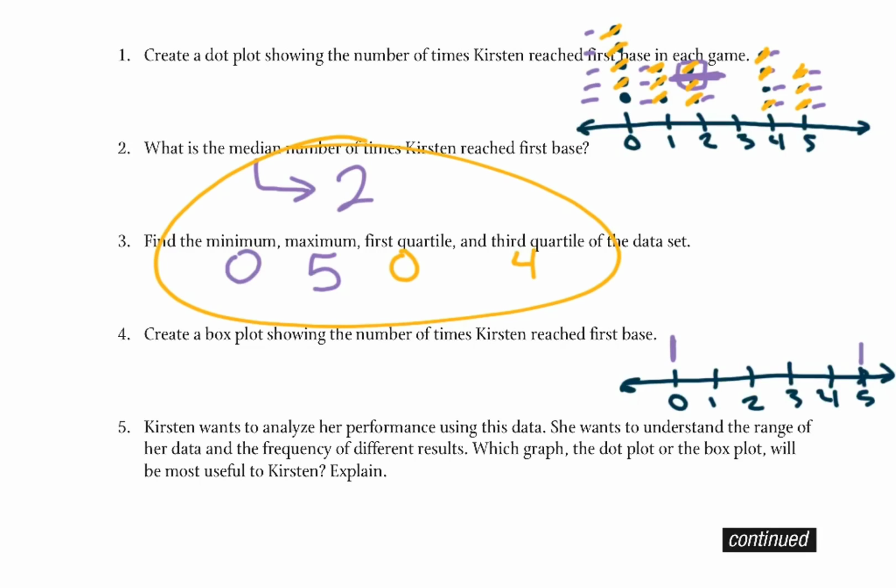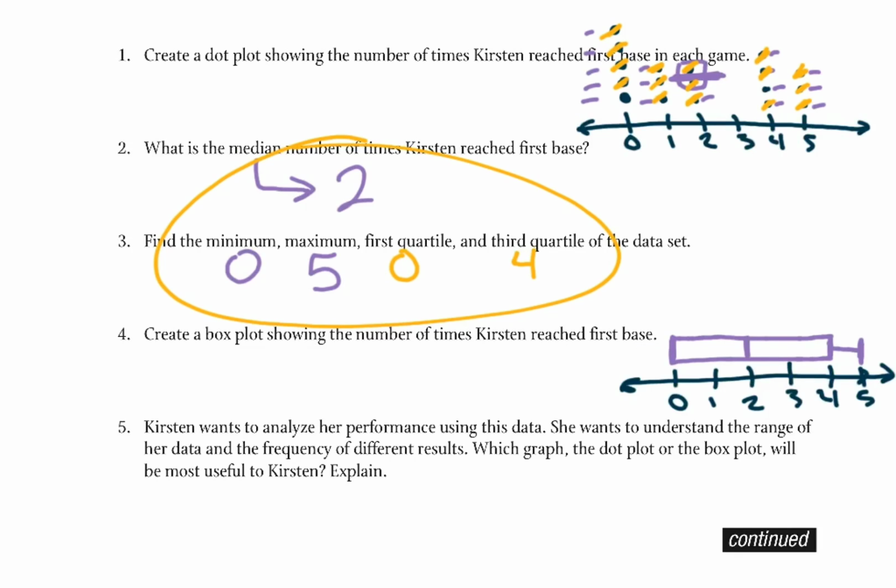At our maximum, we draw a bar. At the first quartile, we draw a bar. It's the same thing, so it just stays there. Median, we draw it, and third quartile. Now, from the first quartile to the third quartile, with the median in the middle, we draw a box. Then we connect the whisker. Normally, we'd connect to the lowest, but because our lowest was the same as the first quartile, it stays there.